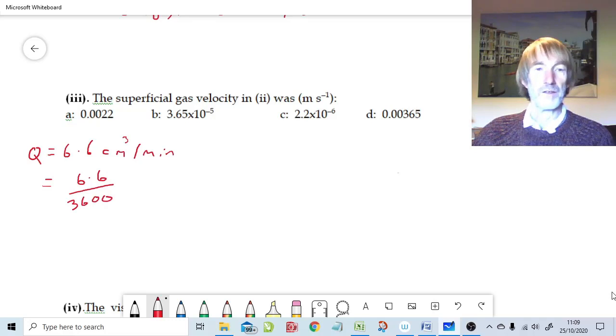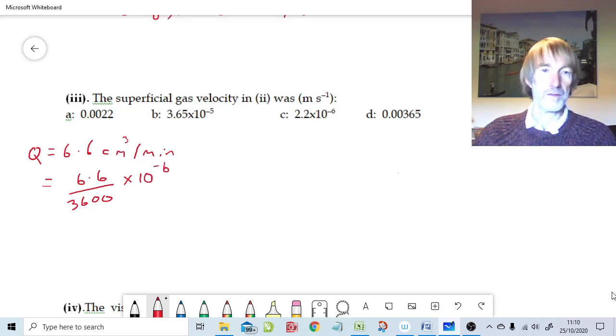And to convert centimeters cubed into meters cubed, it's 100 times 100 times 100. So that's 10 to the 2 times 10 to the 2 times 10 to the 2, or 10 to the 6. Only, of course, we're not pumping massive amounts of meters cubed. It's the opposite. It's minus 6. So that's 10 to the minus 6.